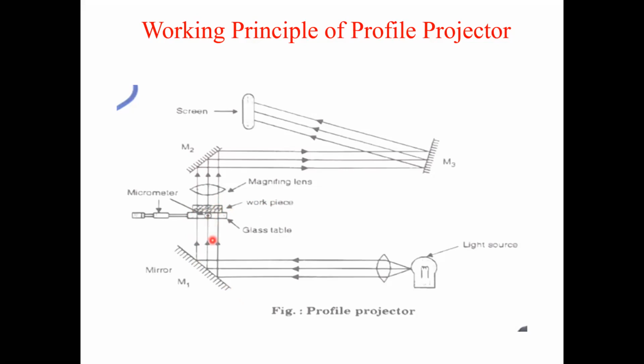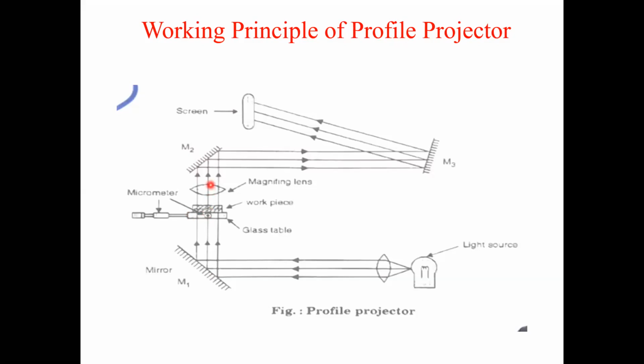This beam of light, which is coming from the mirror M1, simply strikes the object which is placed on the glass screen. After touching the object, the beam of light is allowed to pass through the magnifying lens.